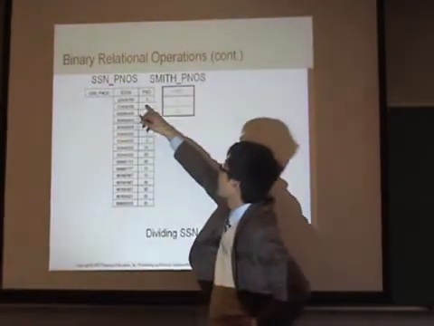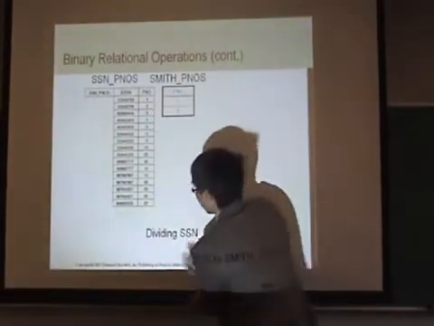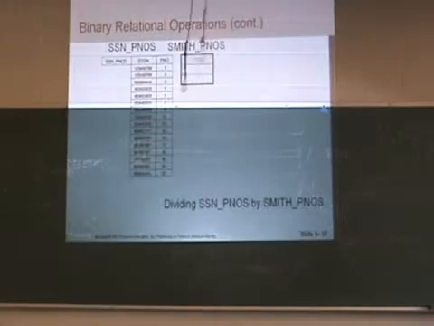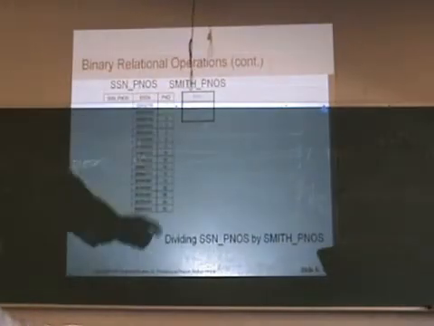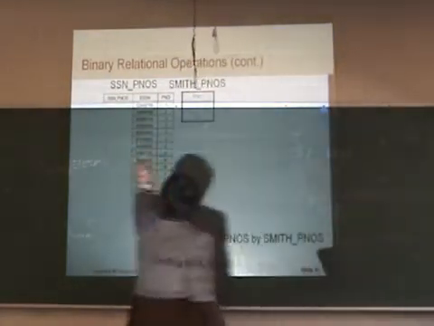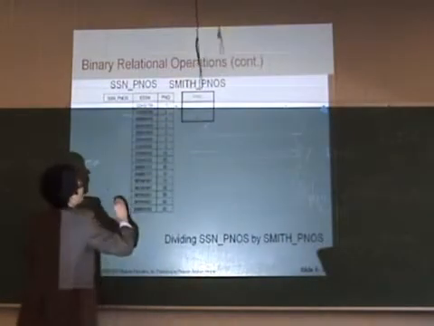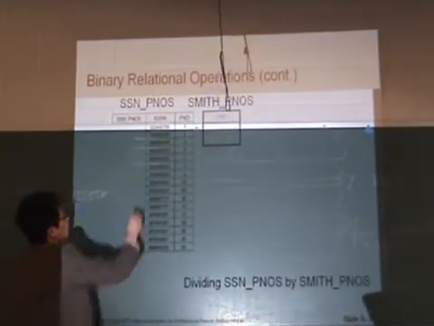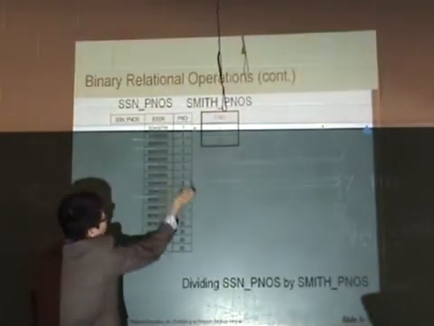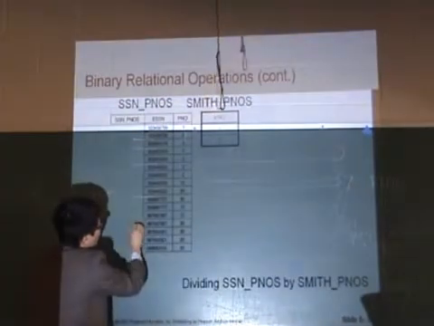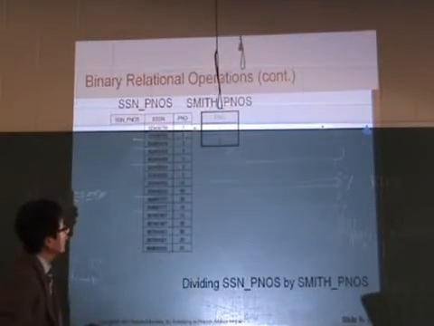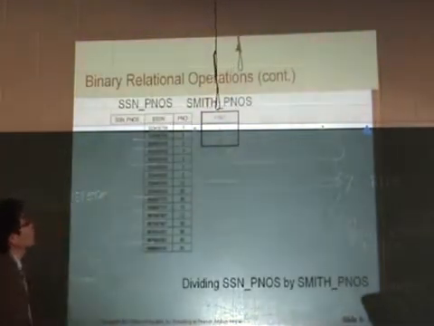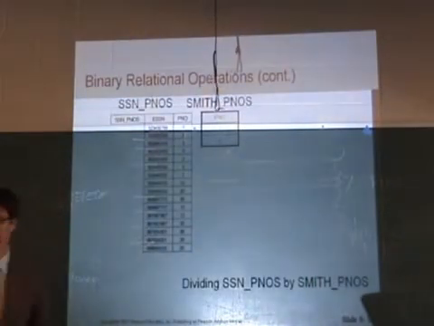The first employee works on 1 and 2, another works on 3 and 4, another works on 1 and 2, another works on 2, 3, 10, 20, another works on 10 and 30, and this one works on 30 and 20. So a total of 8 employees are returned.